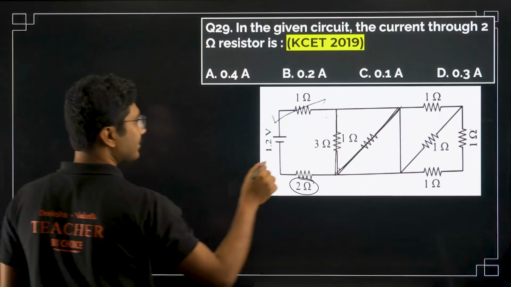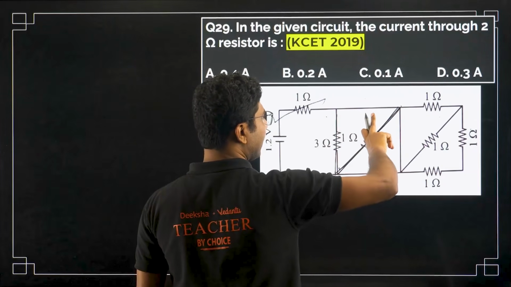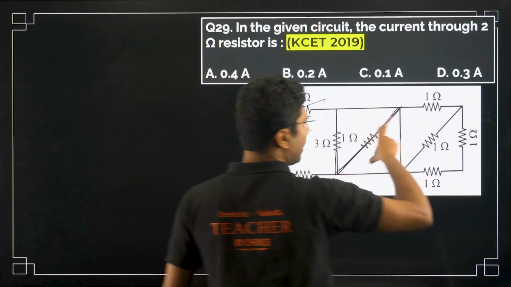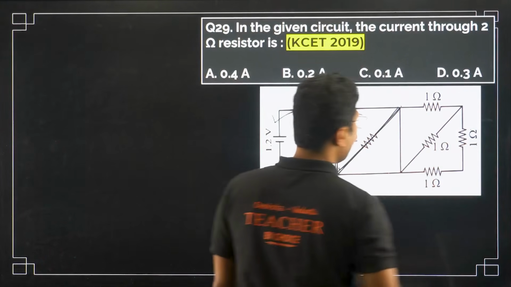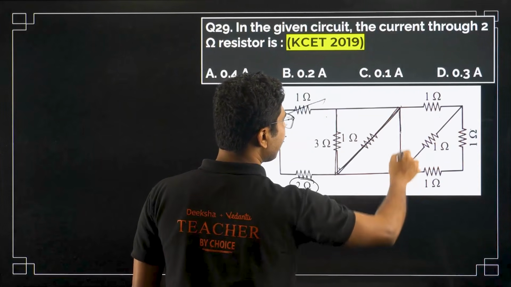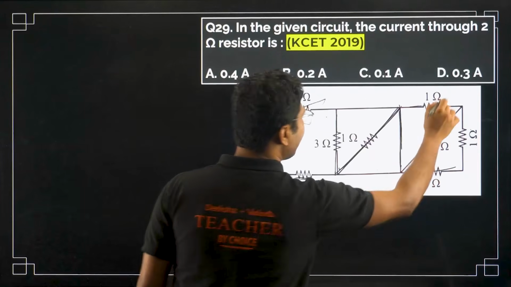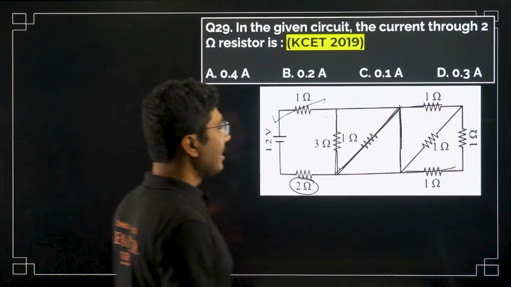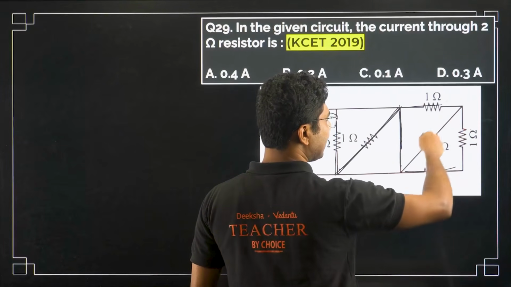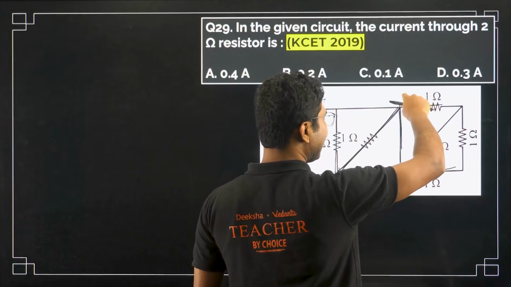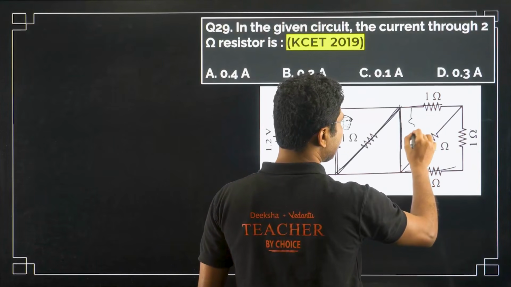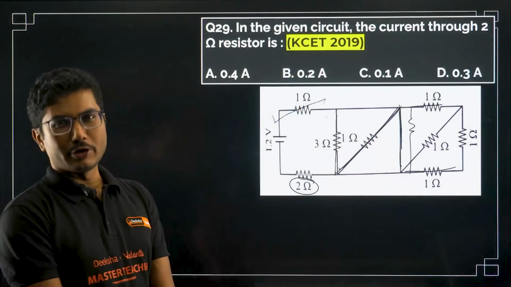If you see this kind of structure, you can simply reorient the resistances like this. So this is also a parallel resistance, this is also a parallel resistance. So they are all parallel, a bunch of resistances parallel to this zero resistance, and there are some in-between resistances as well. Again, you can add these two resistances, and then this is parallel to this, and then you can add that, so that will be parallel to their equivalent resistance. Whatever the equivalent resistance will be, that is parallel to the zero resistance.